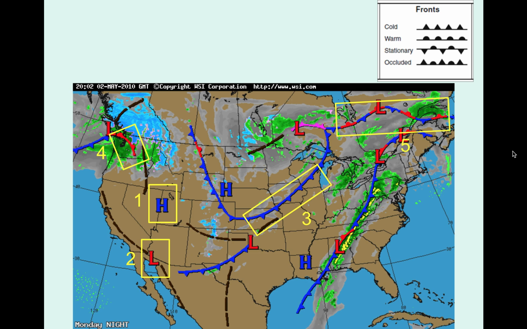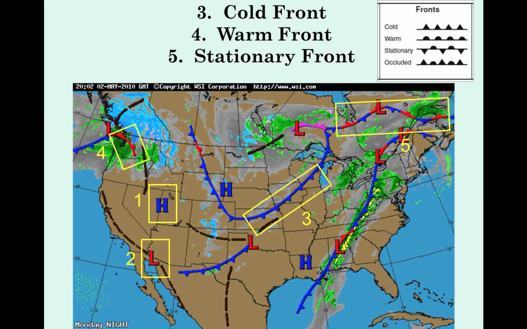To know what's in boxes 3, 4, and 5, you're going to need your earth science reference table, and specifically the section that says front. If we look at that section, we can see that number 3 is a cold front, number 4 is a warm front, and number 5 is a stationary front.